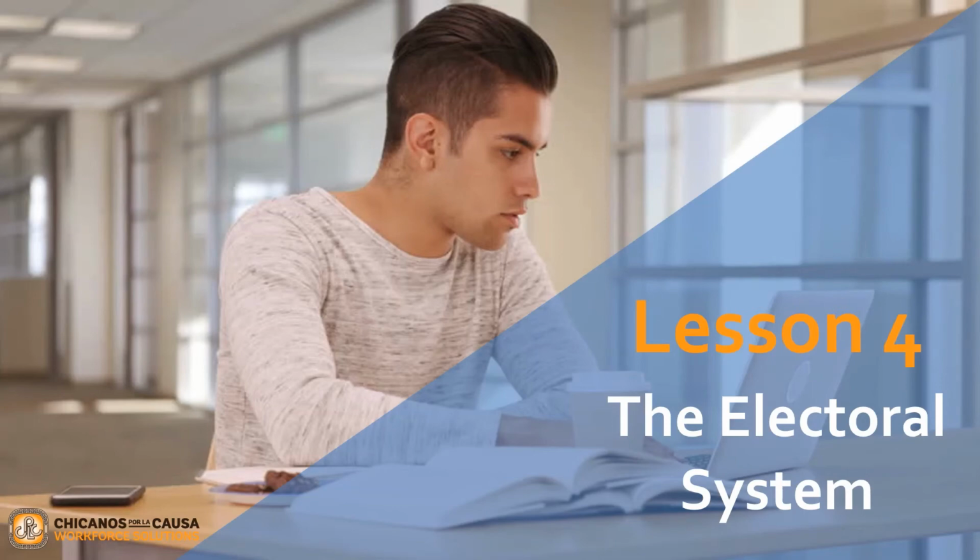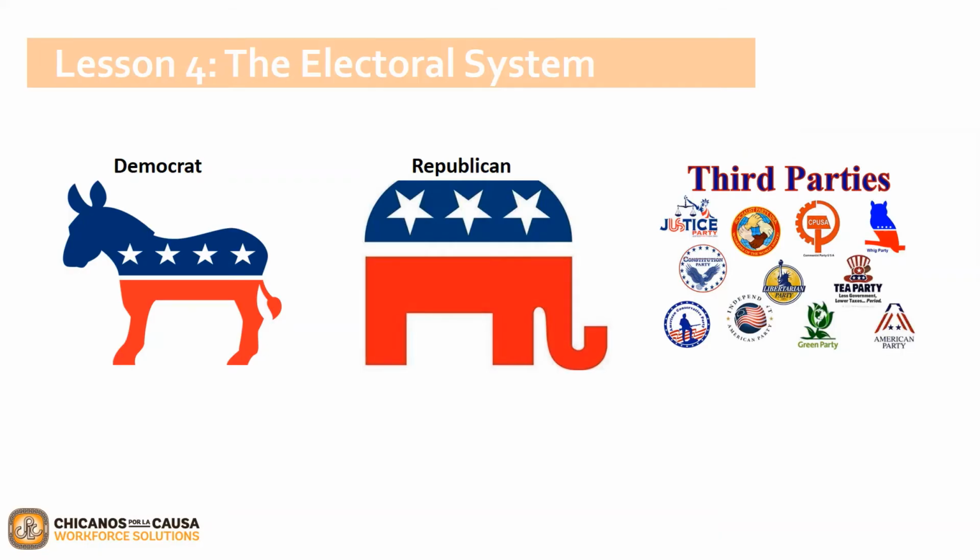Welcome back to Lesson 4, the electoral system. In the United States, there are two political parties that dominate the rest, Democrats and Republicans. Each party has a different view about the roles of government in the nation.